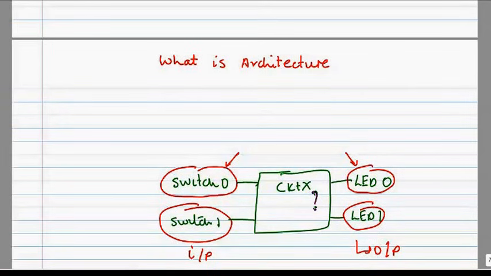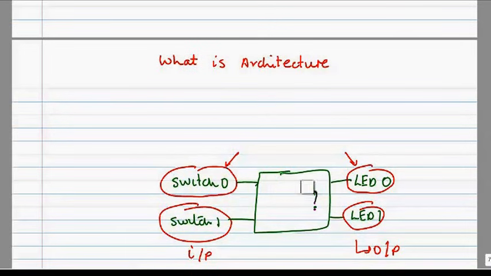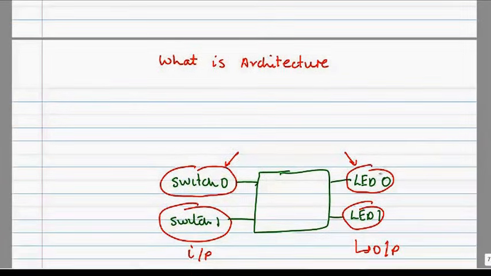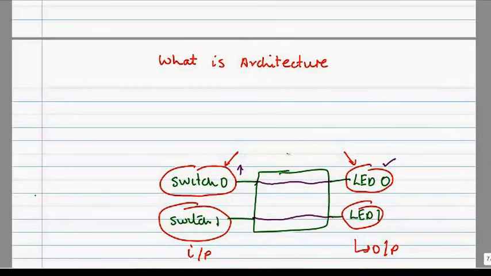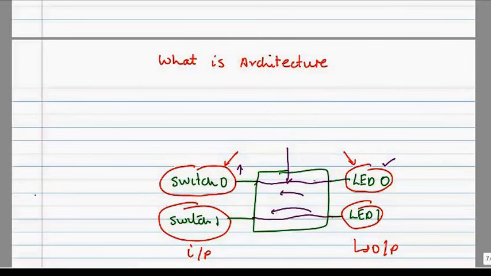So, for example, if I would like to specify that my LED 0 must glow when my switch 0 is pressed, basically I would like to connect LED 0 to switch 0 and LED 1 to switch 1. This specification that LED 0 is connected to switch 0 and LED 1 is connected to switch 1 is done in my architecture.